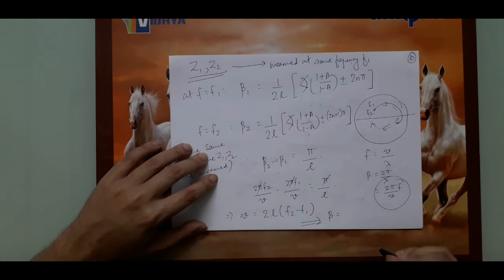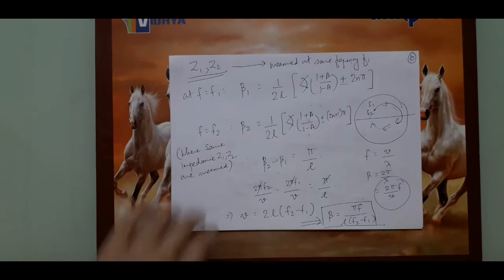So beta is nothing but 2 pi f divided by this velocity, so that is nothing but pi f divided by L times f2 minus f1, where f can be any frequency including either of f2 or f1.